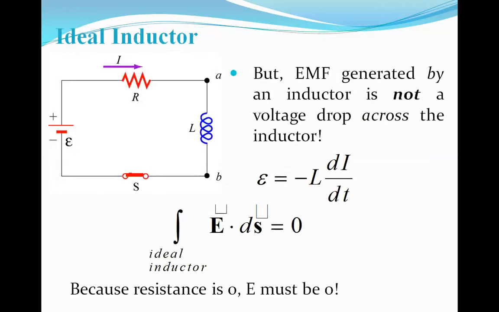But the EMF generated by an inductor is not a voltage drop across the inductor. Okay, if you see this circuit, a resistance and inductance, and we switch on the switch, and this is the source E. The total E in the circuit should be equal to, because the potential difference or the voltage produced because of the inductance is opposing this voltage, so we can say that E is equal to minus L di by dt.